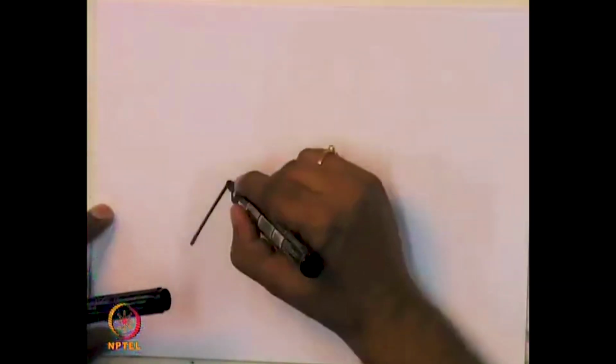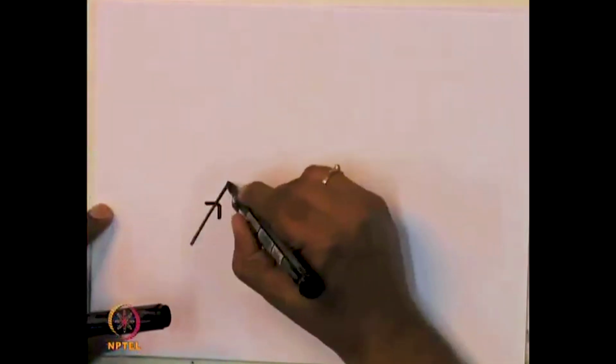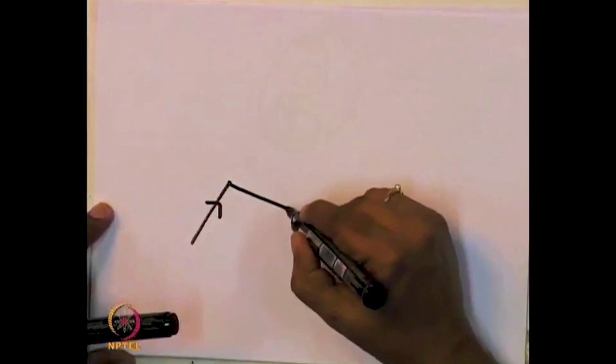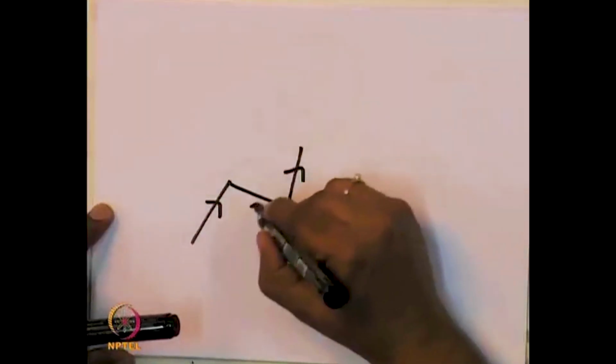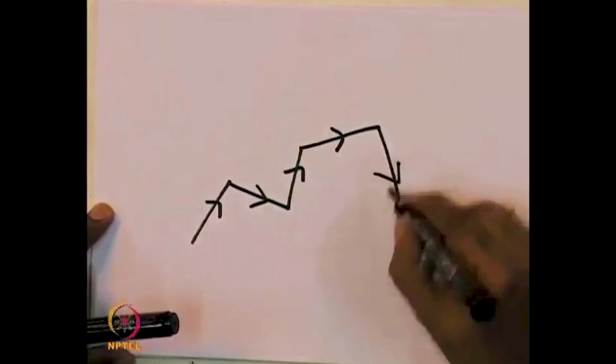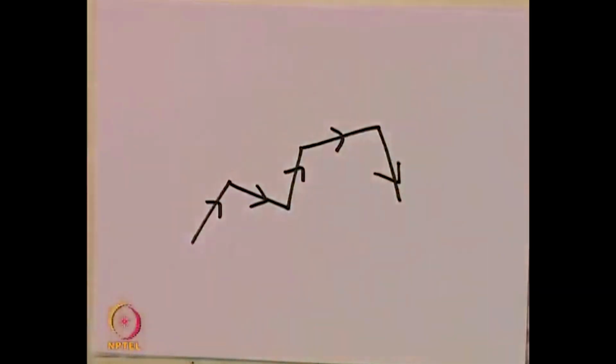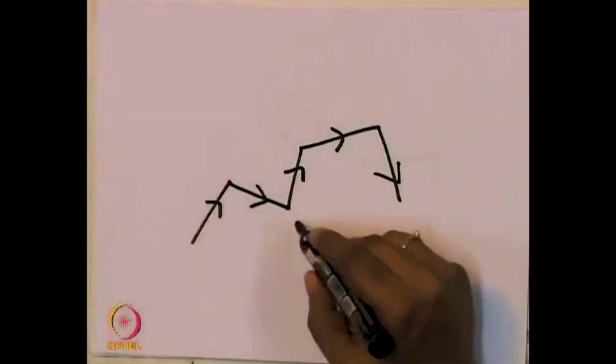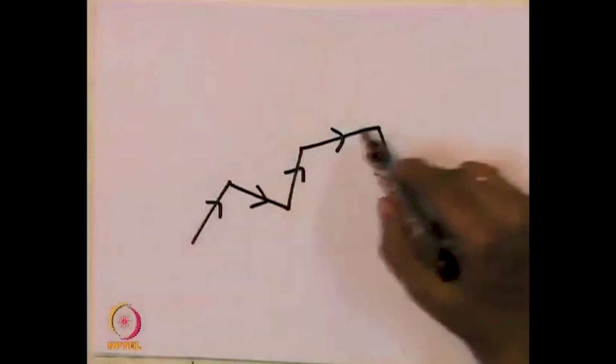Let us draw this here. This is the first monomer, second monomer, third monomer, fourth monomer, fifth monomer. Let us imagine 5 monomers, all oriented in some particular direction.